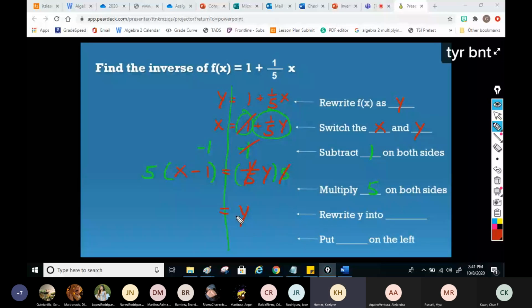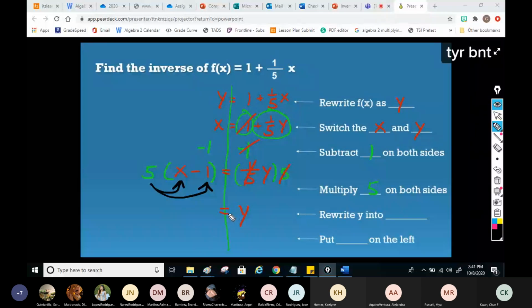And then on the other side, it's going to be x over 5. Okay, the other side right here is tricky, all right? It's tricky. Watch. So right here on the left, the whole thing needs to times 5. And this is what I'm going to do. I'm going to distribute the 5 to the x and also to the -1.